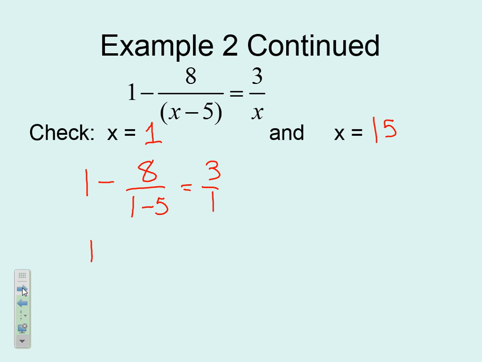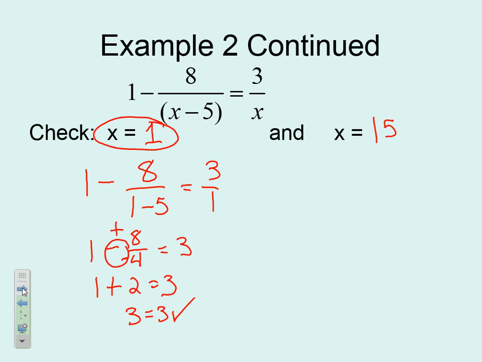Simplify this, I'm going to have 1 minus 8 over 4 equals 3. 1 minus negative, that's going to be a negative 4, so this will be a positive. So plus 2 equals 3. So 3 equals 3. That's correct. So 1 is a solution.